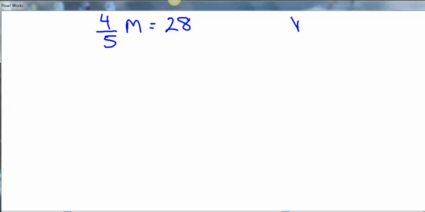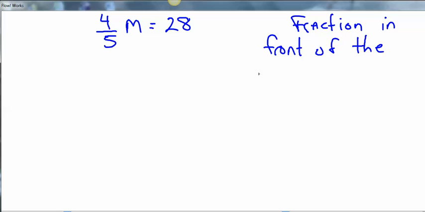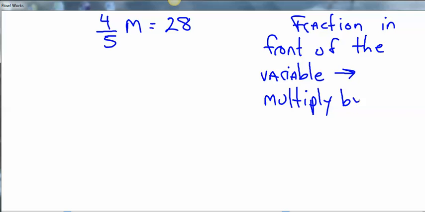Here, fraction in front of the variable. Multiply by the reciprocal. That's the flip of the fraction, remember?